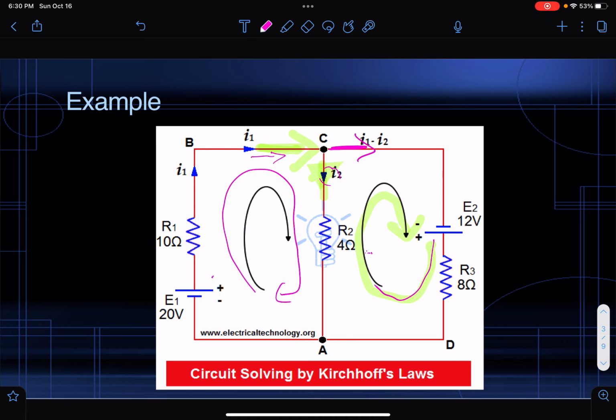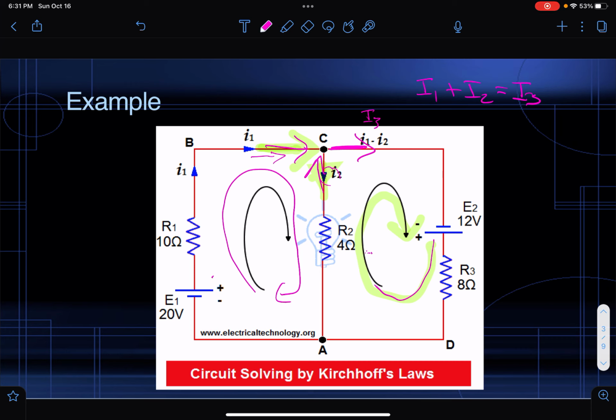If I1 is going in, my I2 should technically be going into that C junction, so I'll label this I3. That means I1 plus I2 needs to equal I3. That is the junction rule.